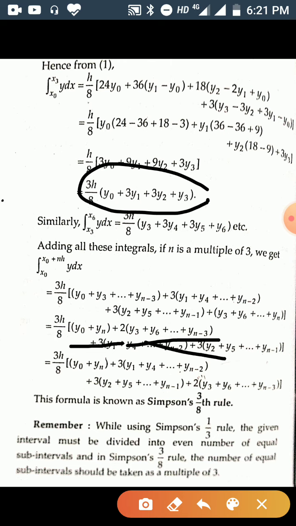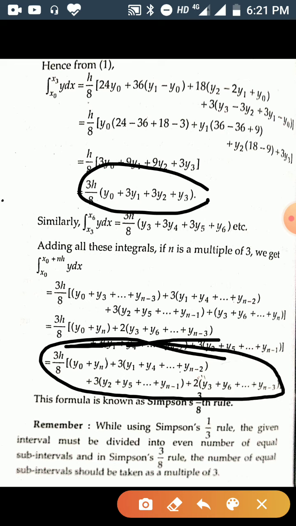So finally we will get this formula: 3h by 8 [y0 plus yn plus 3 times (y1 plus y4 plus dot dot dot yn minus 2) plus 3 times (y2 plus y5 plus dot dot dot yn minus 1) plus 2 times (y3 plus y6 plus dot dot dot yn minus 3)].